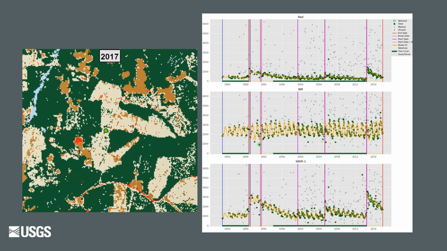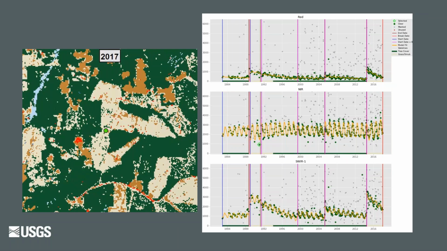So the green dot represents the location where the time series on the right are collected. In this case, I'm showing you the red, the near IR, and the first shortwave infrared band. And what's shown in different colors are the breaks that were extracted from this time series. And a major break happened.